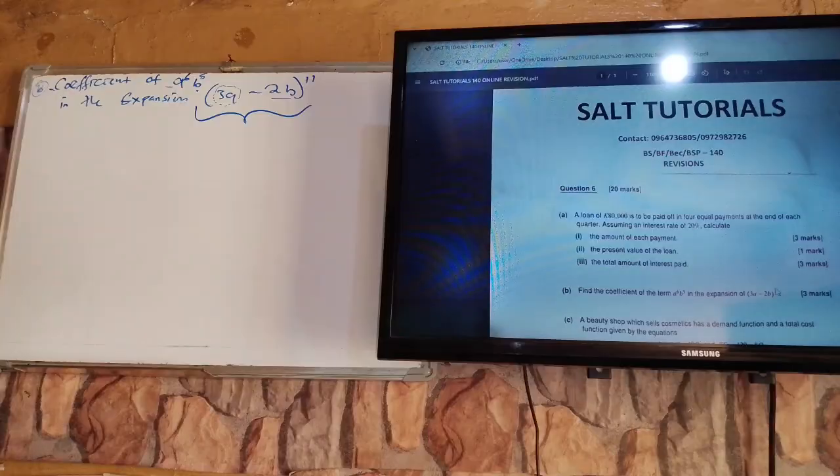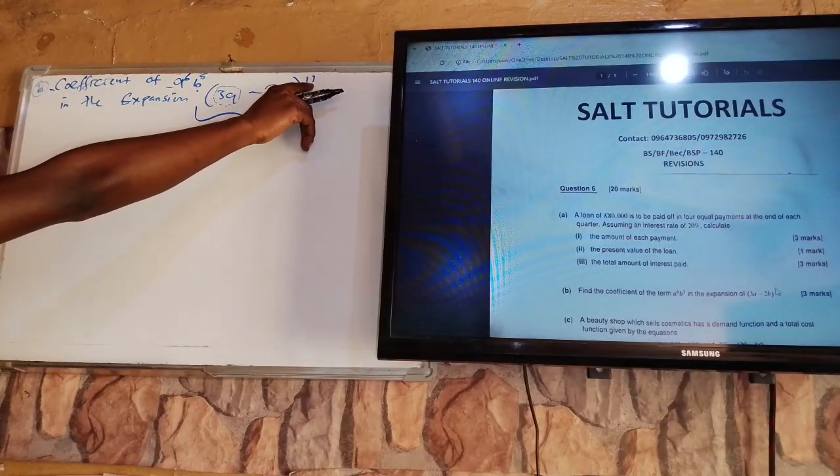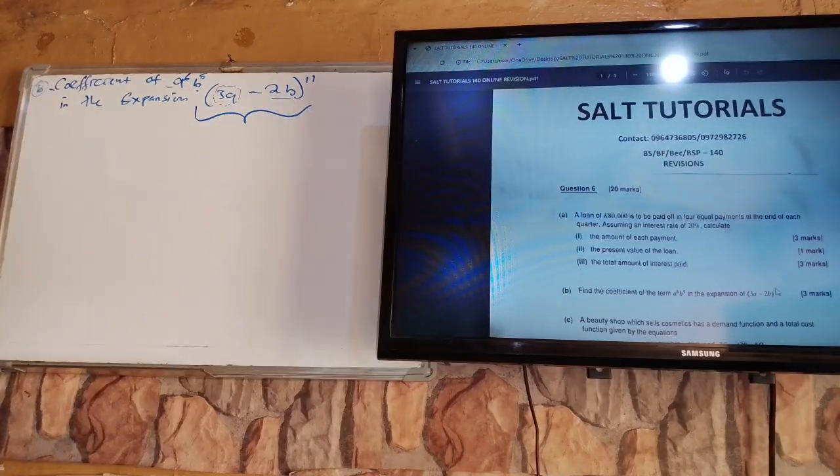But that is the long process, because if you look at this, it is a big power. For you to start expanding until the last term, obviously you will stress. So what can you do? You can use the rth term formula.